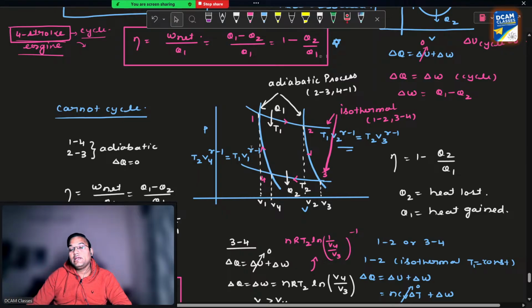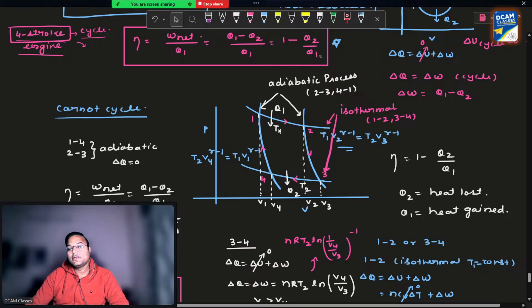Now can you tell me by your own calculation, your own knowledge, which of the processes 1 to 2 or 3 to 4 will absorb heat and which will lose heat, and why? I want the reason, because I have given that process 1 to 2 will absorb heat and 3 to 4 will lose heat, but why?